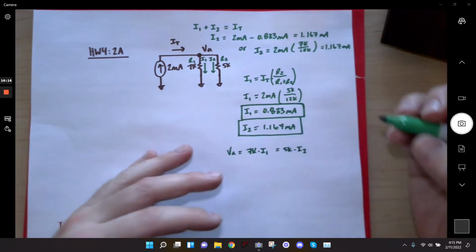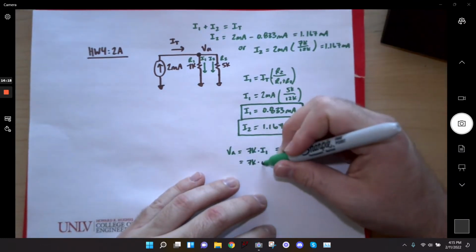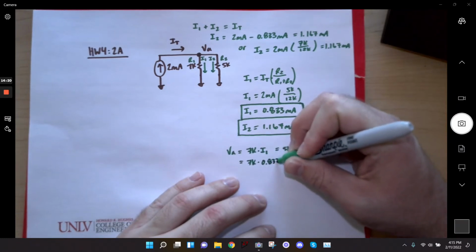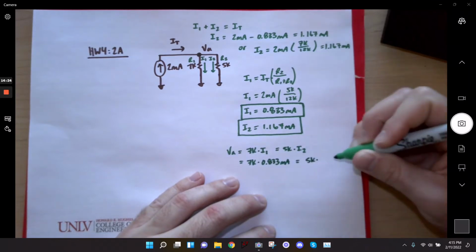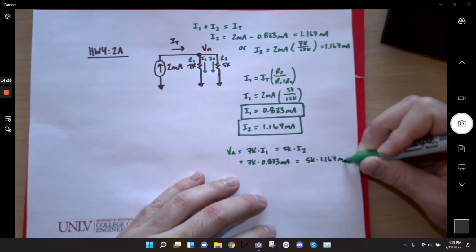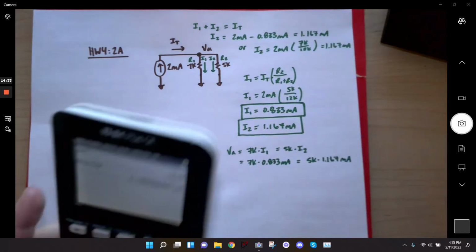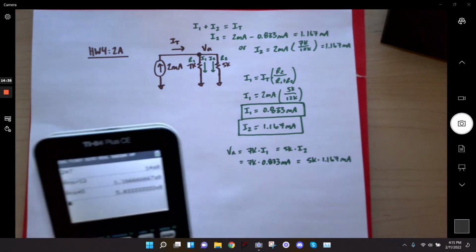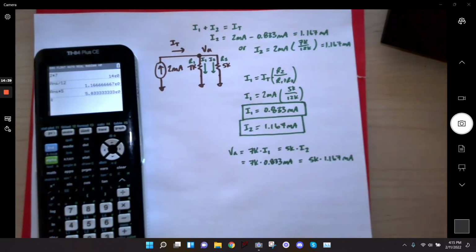So 7K times I1 is basically 7K times 0.833 milliamps, and that's equal to 5K times 1.167 milliamps. You don't have to use both. I just want to show you that they're equal. So 1.167 times 5 gives me 5.8333 volts.